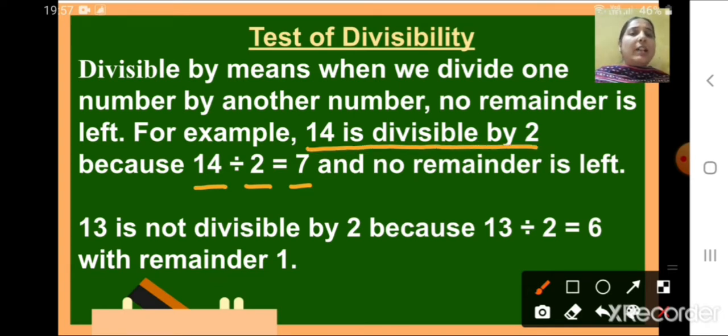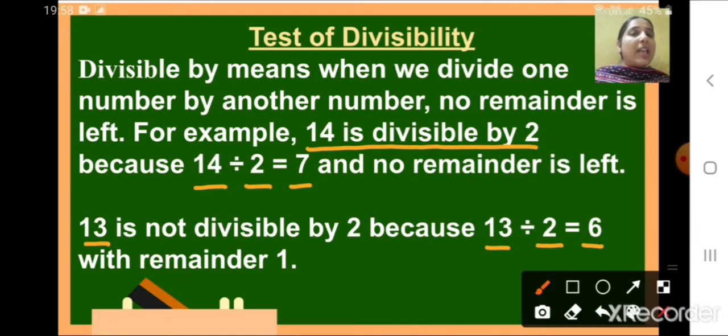Okay. On the other hand, if you see number 13. So 13 is not divisible by 2 because if we divide 13 by 2, what will we get? We will get 2 sixes are 12 and with remainder 1. 1 will be remainder there. So it is not completely divisible, isn't it?